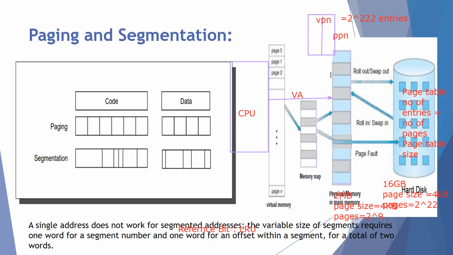Yes, ma'am. And we have specific bits which identify whether the physical page number in the table is mentioned or not. So the way we had a valid bit there, here also we have a valid bit, but I'll tell you how it works. Is it clear to everyone till here? If you have any doubt, you can ask me. Nothing? Should I move on?